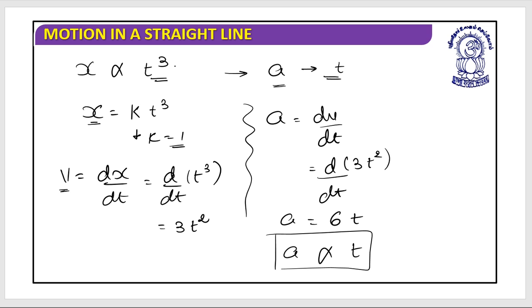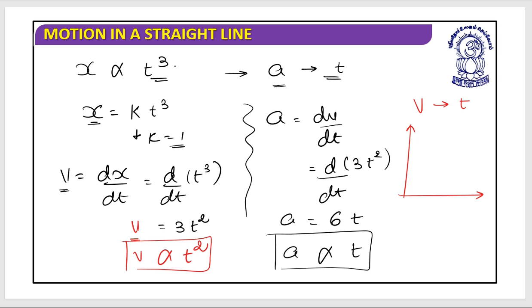If they had asked what would be the velocity versus time graph, what would it be? So look here. V is directly proportional to t square. It should look like this. Velocity has a power of 1. Time has a power of 2.